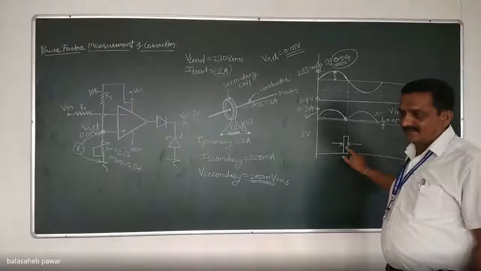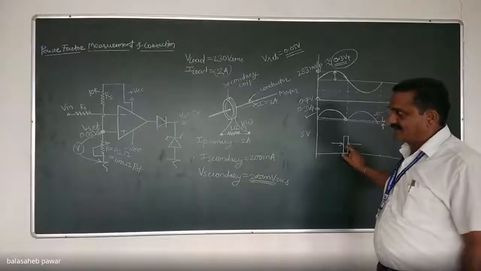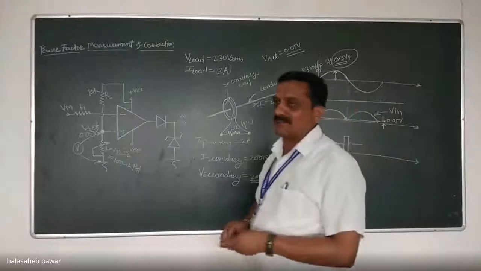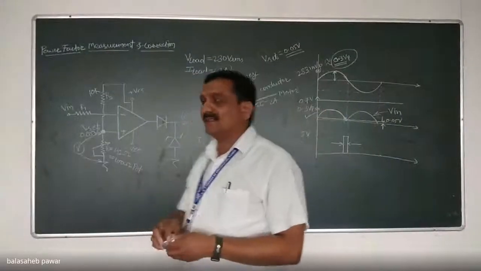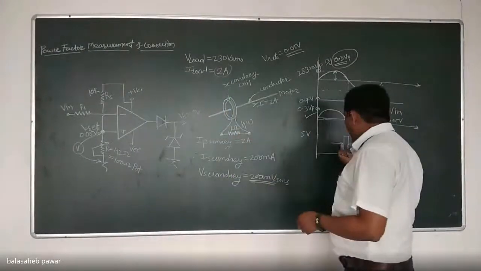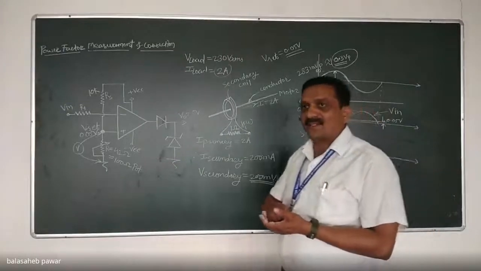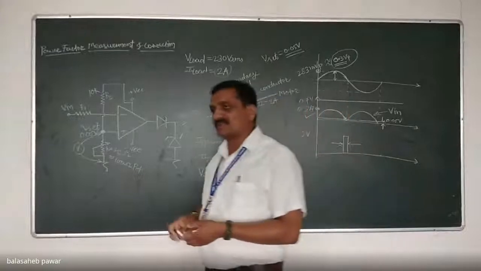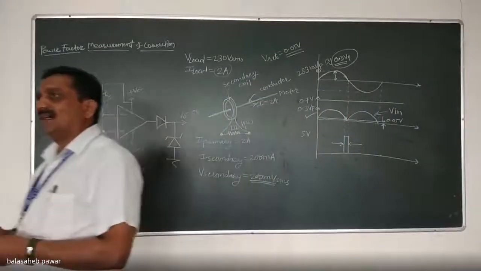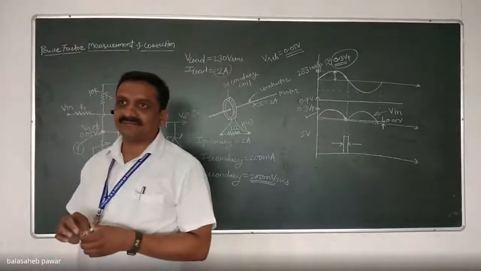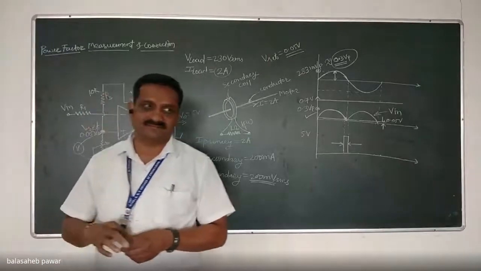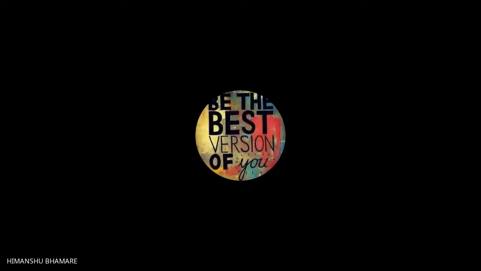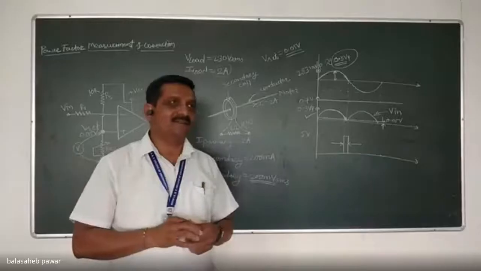Yes, sir, we can obtain it, same as in yesterday's implementation. My question is, will the width of this obtained pulse be the same as that of the ZCD used for voltage sensing, or will it be different? Different. Why will it be different?